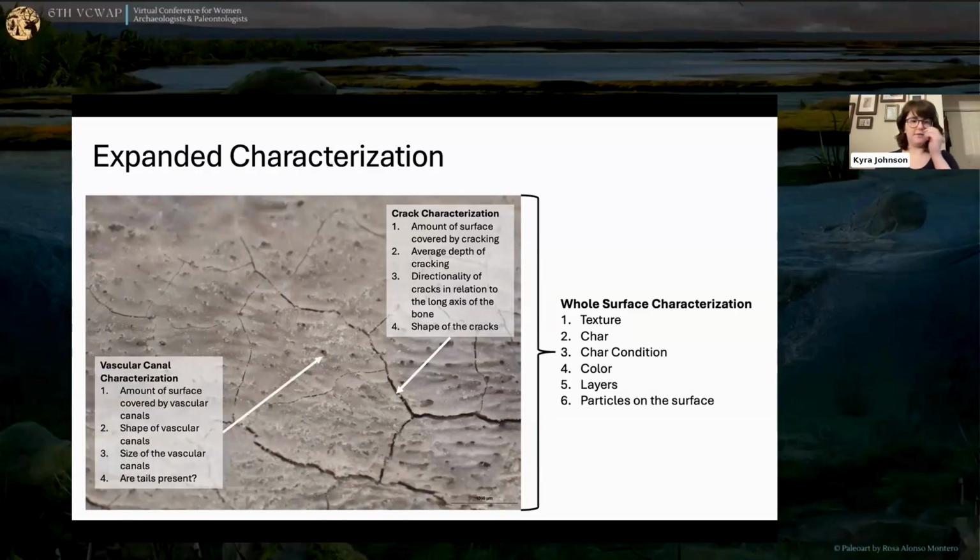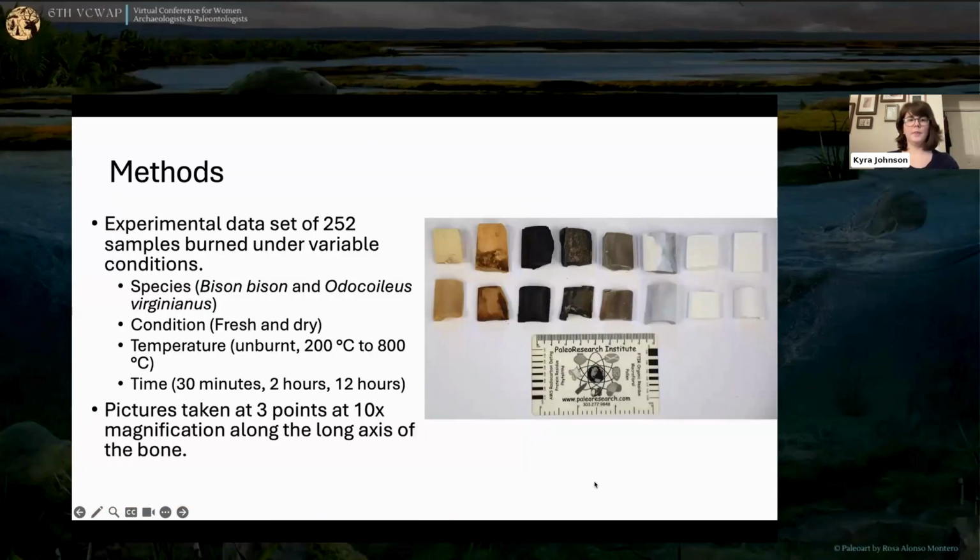As well, we can look at these vascular canals, which appear as pores on the surface of the bone as that initial very top level of cortical bone is destroyed. That once again can be characterized by how much of the surface is covered by vascular canals, what are their shapes, what are their sizes, and do they have these little tails present that you can see in this picture on the slide.